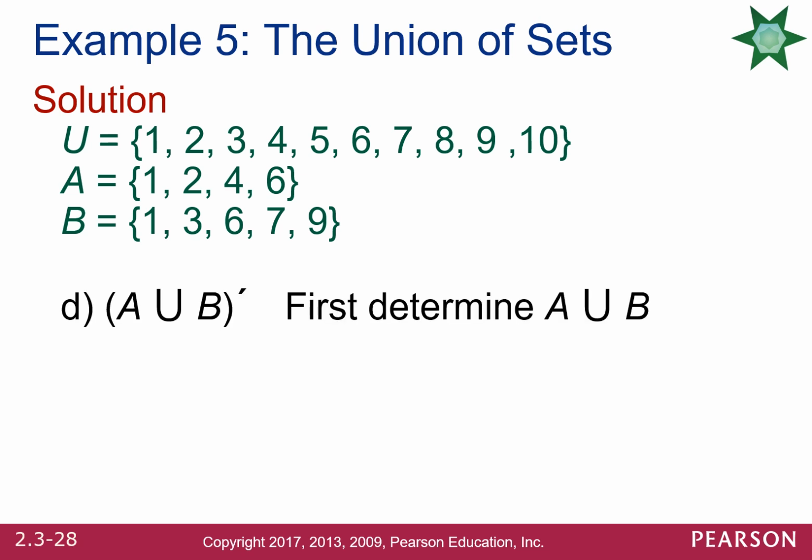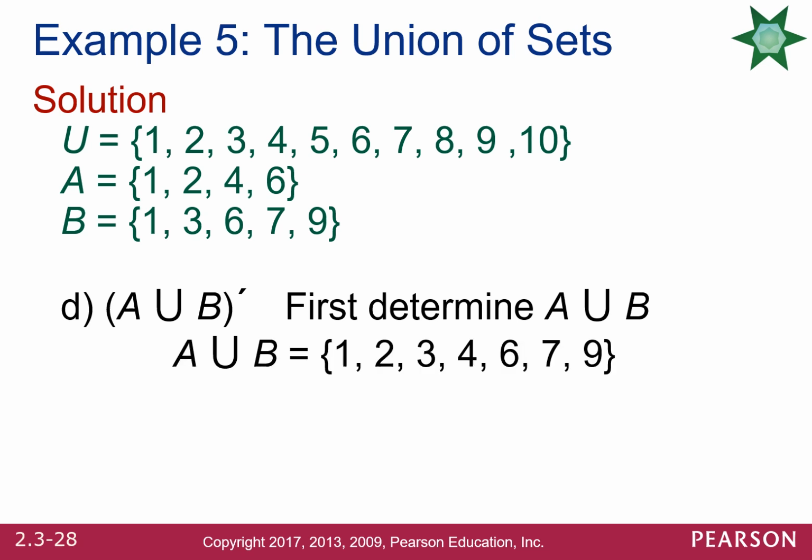Finally, the last part was to find the complement of A union B, right? For that, we first had to find what A union B was, and then take the complement of that. So let's see what they came up with. A union B was the first set we had to work on: 1, 2, 3, 4, 6, 7, 9.